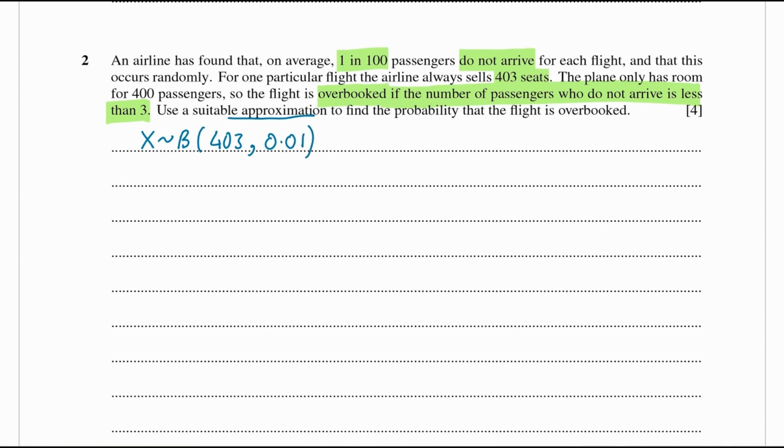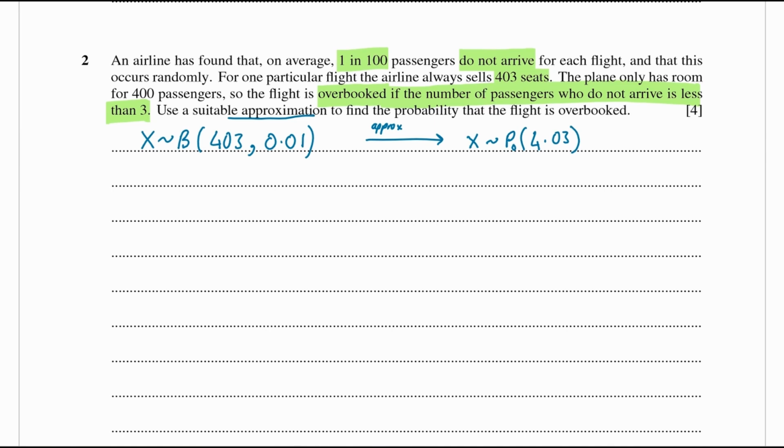That's the distribution. But we can approximate this to Poisson. So we're just going to go 403 times 0.01, which will give us 4.03, or 1% of 403. So that's what we have.